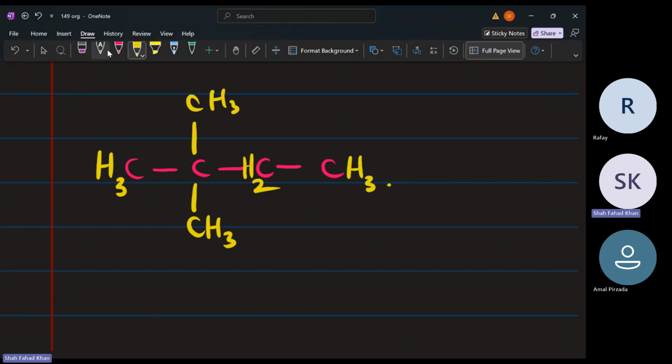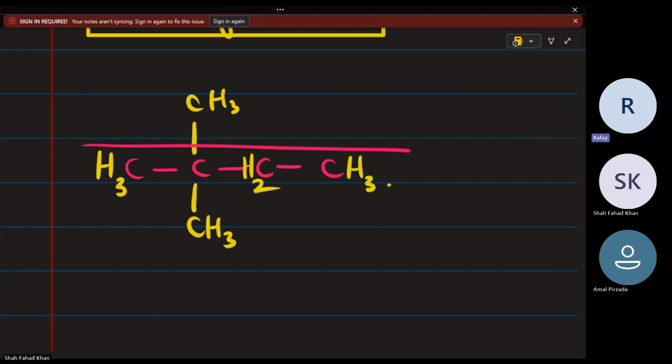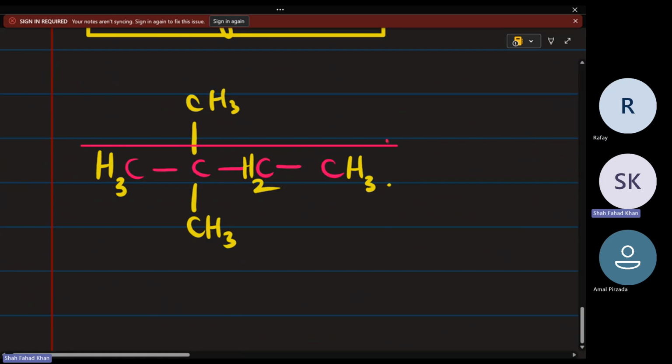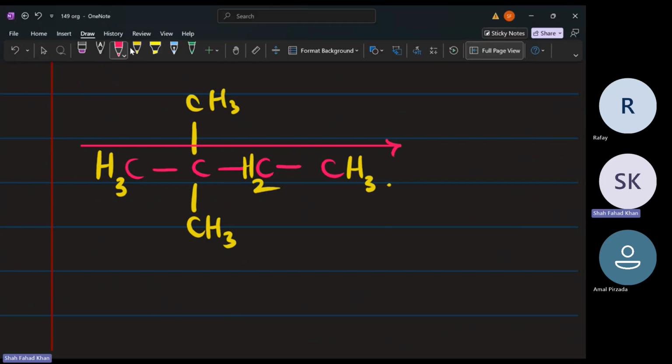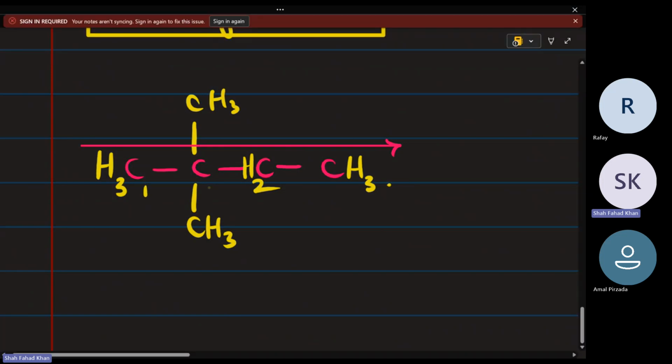Identify the longest continuous carbon chain, right? Then, what's the second step? Number it. From what side should I number? From the right, from the left? Start from the left, because we need to give the branches the smallest possible number. Right. Now the branches get the second position.